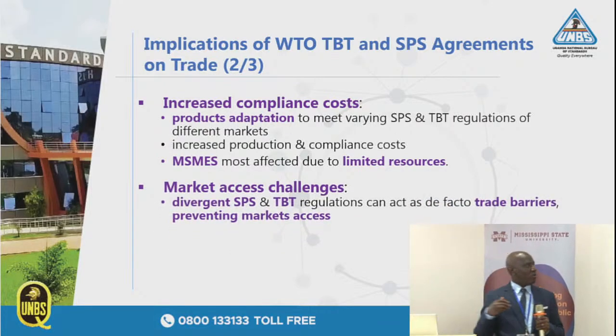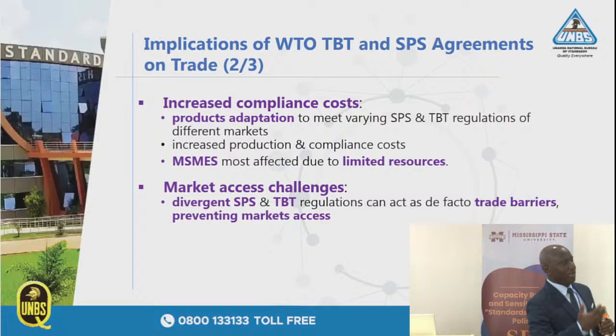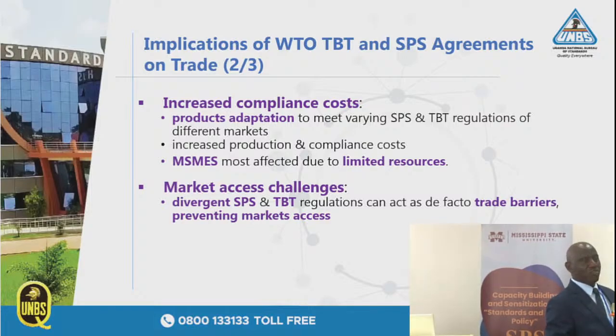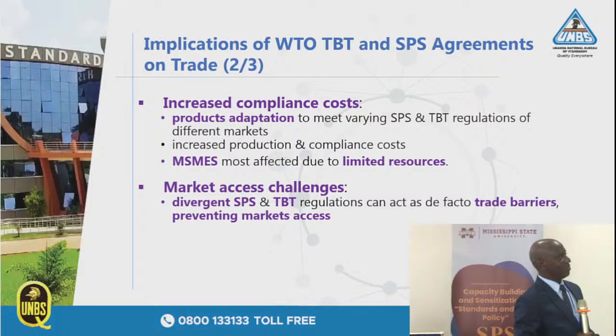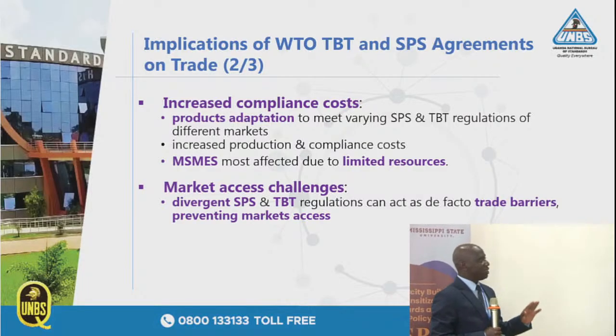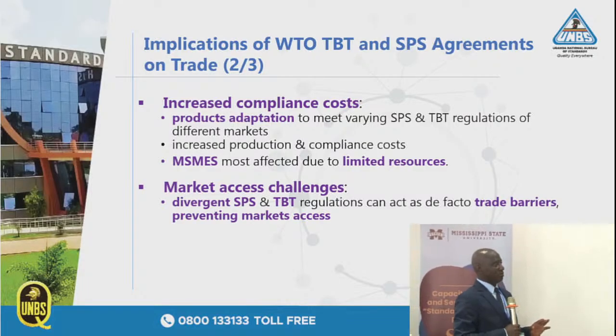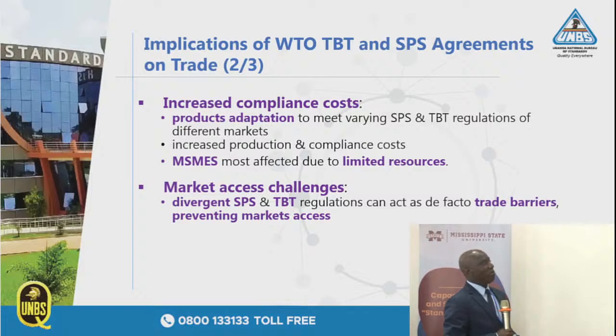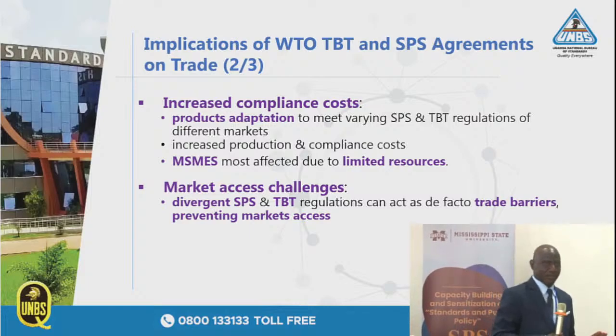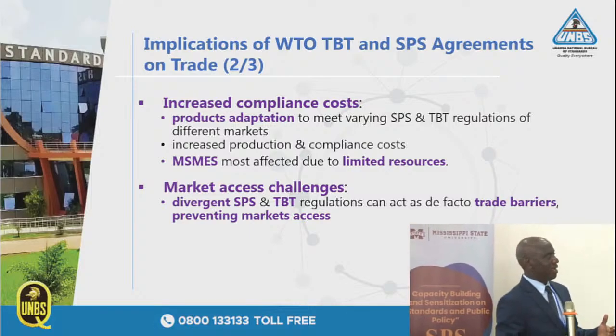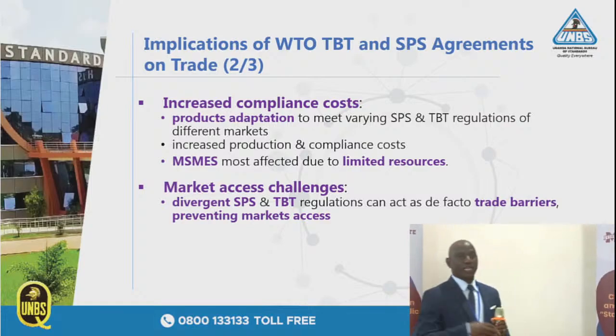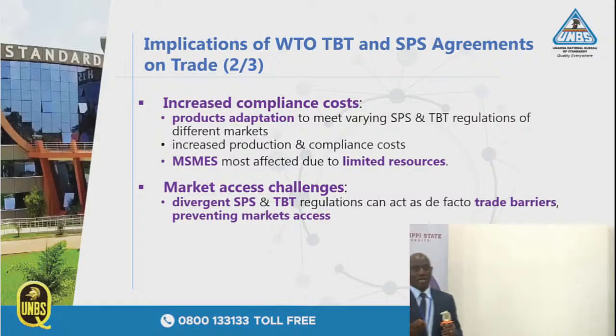So the other impact on trade is market entry challenges. If we have divergent SPS and TBT regulations, they will become trade barriers, and they will prevent or make it very difficult for exporters to export their products.